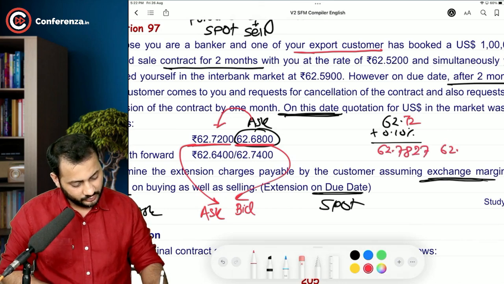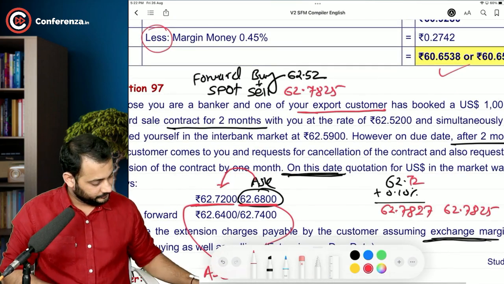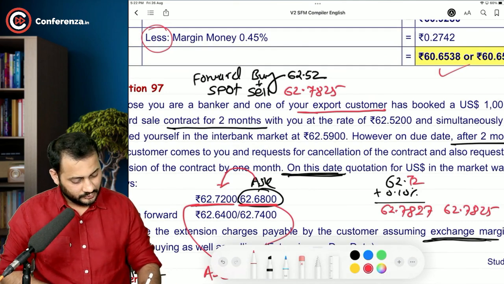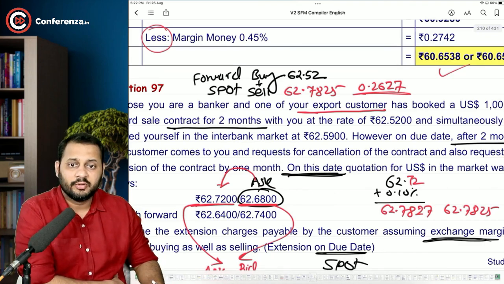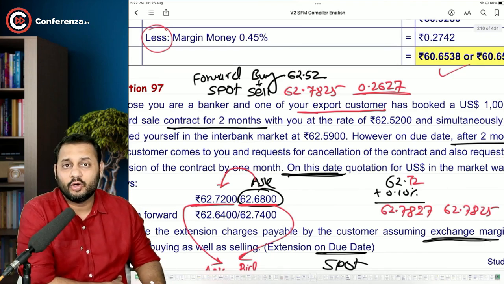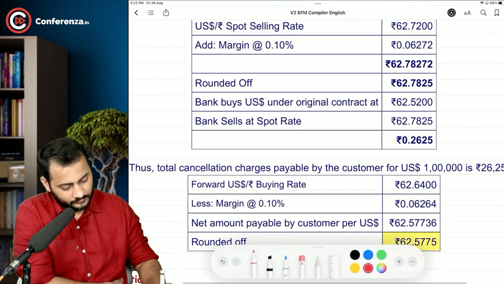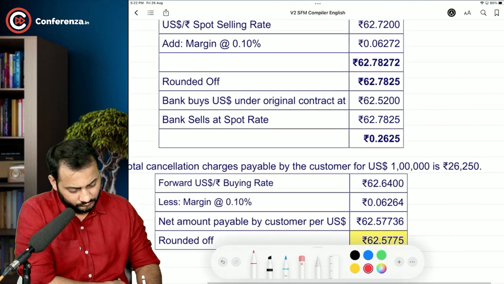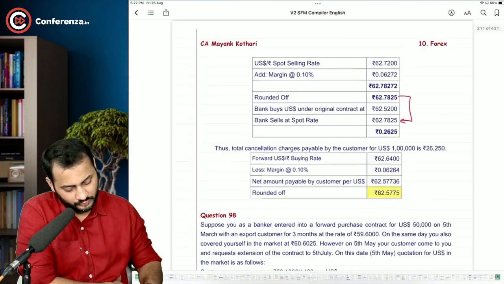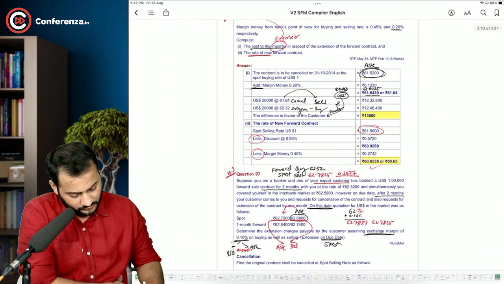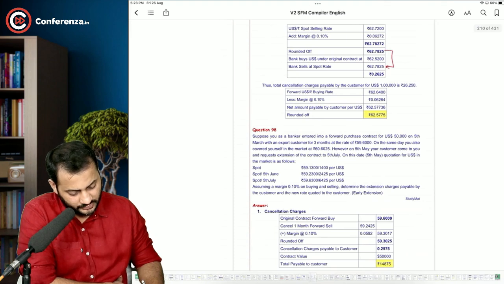That becomes 62.7827, and rounded 62.7825. 0.2625 is the profit to the bank, because the bank's selling rate is higher, and loss to the customer around 26,250.